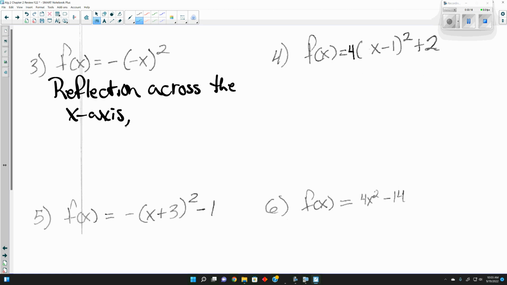Do we have another number other than 1 anywhere being multiplied? No. So that negative outside is just a reflection across the x-axis. Now, the negative inside the parentheses in front of x is another reflection, and this time it's across the y-axis.